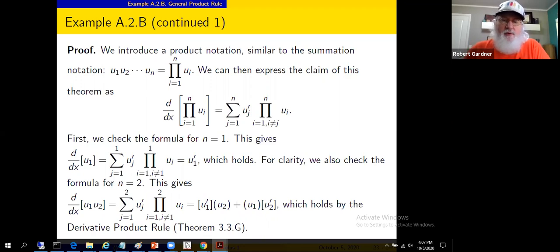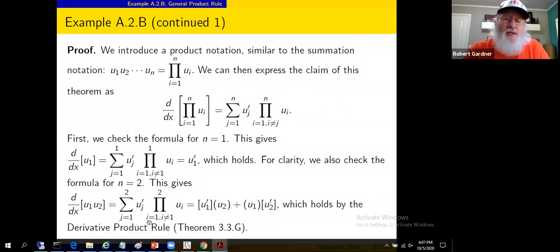and see that this formula really does give the product rule that you're used to, product of two functions. The derivative of u1 times u2, may be a sum from j equals 1 to 2, u sub j prime times the product from i equals 1 to 2, except for i equals j. This would produce, when j equals 1, we get u sub 1 prime.